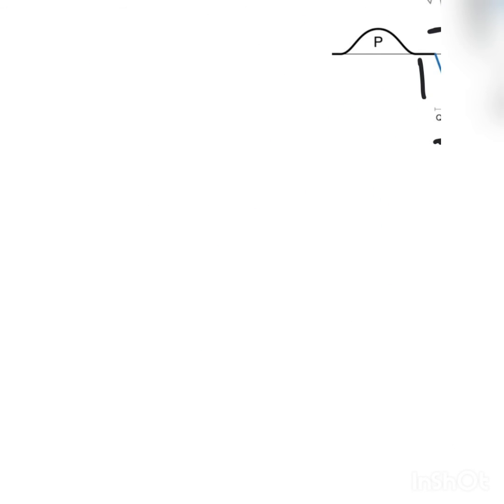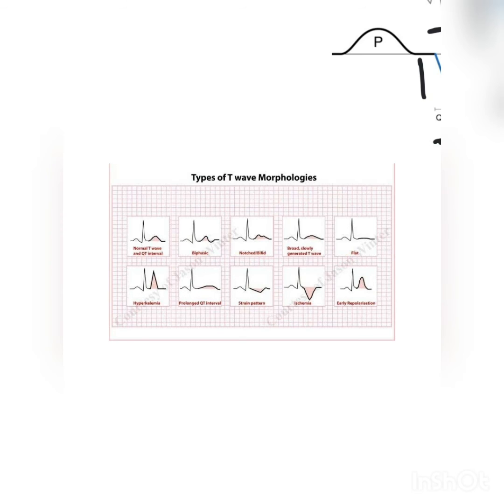Now, talking about the T wave. The T wave is formed after the ending of the S wave, so after the QRS complex in the ECG, we see a T wave.